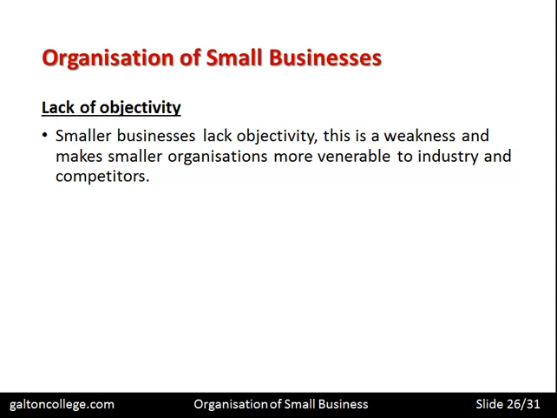The owner thinks they know what the right course of action is. Whereas in a larger organization, that would have to be debated, discussed, all of the downsides considered, all of the consequences considered, and then the decision will be made. Whereas in a small business, the owner may be lured into making hasty decisions, and it will be his or her opinion. It may not be based on objectivity.